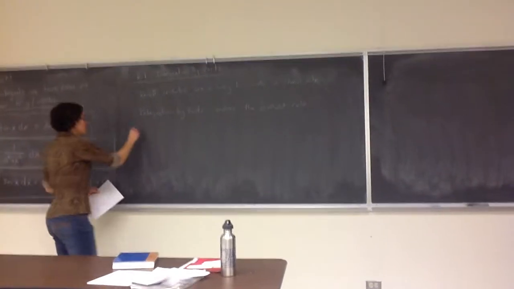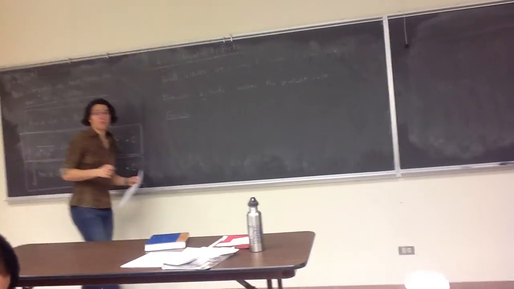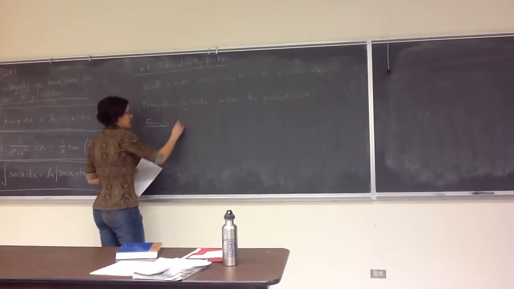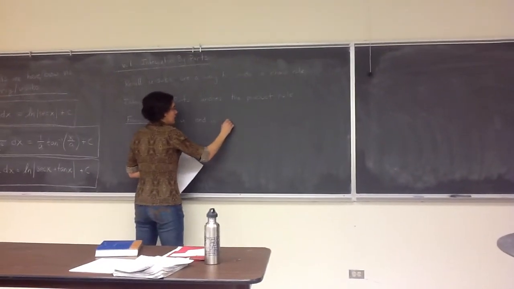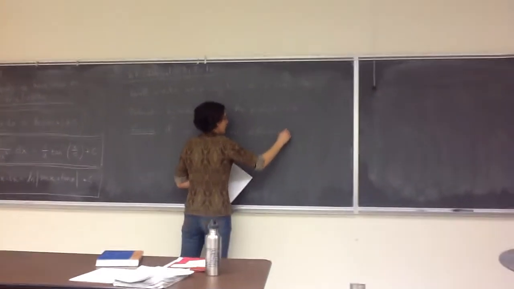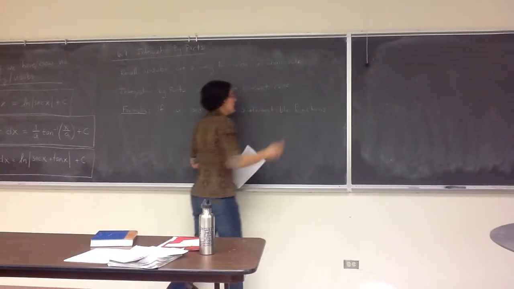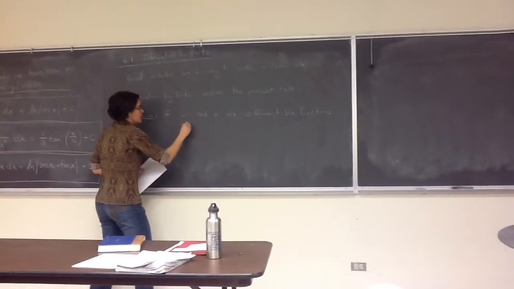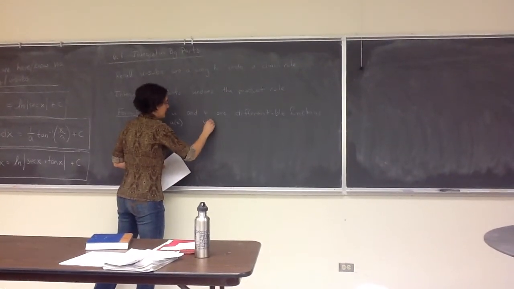Alright, so I'm going to tell you the formula for integration by parts, and we're going to use it, and then we'll figure out where that formula came from. Alright, so here's our formula for integration by parts. If U and V are differentiable functions, and so I might think of U as U of x, U is some function of x, and V is also some function of x.